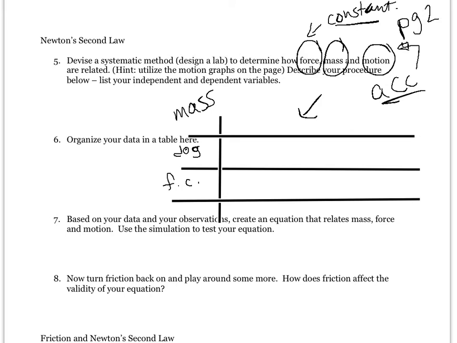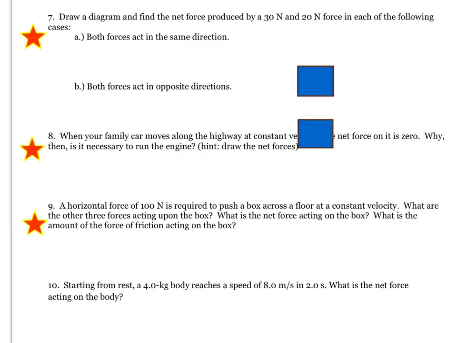Or you can put the force over here, and you can select maybe 1,000 newtons and 2,000 newtons and 3,000 newtons, and just make sure that your mass is constant. Either way, you can complete this. But remember, you're always finding your acceleration. That's your motion.